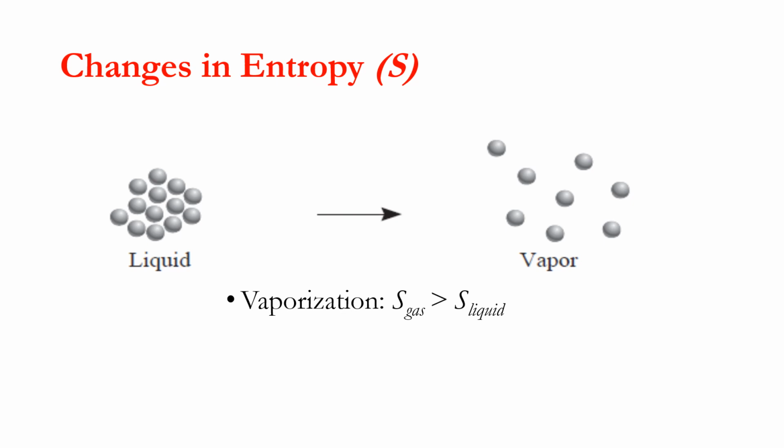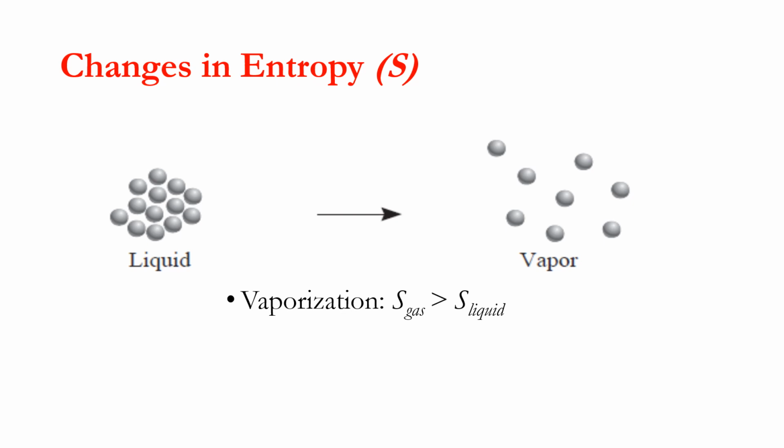Another is the transformation of liquid to vapor. So it's the same thing. You transform liquid to vapor is to spread out further the particles from one another. So the greater the dispersion between the particles as liquid turns gas is increasing the entropy. So comparing the entropy between a liquid and its vapor state, the entropy in its vapor state or gaseous state is greater because of the greater spaces between particles.